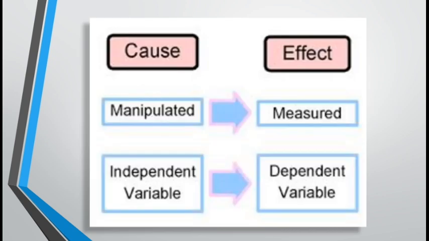Here you can see the cause and effect relationship in the experimental method. In the cause, there is a manipulation which leads to the measurement in the effect, and in the cause is the independent variable, in which the researchers measure what changes are produced in a second factor, and that will be the dependent variable. The dependent variable is so named because changes in it depend on variation in the independent variable.